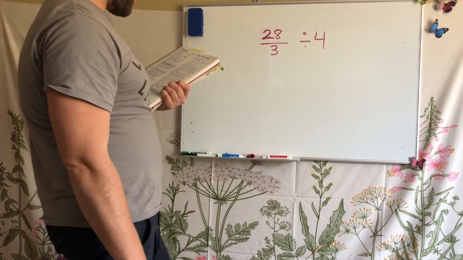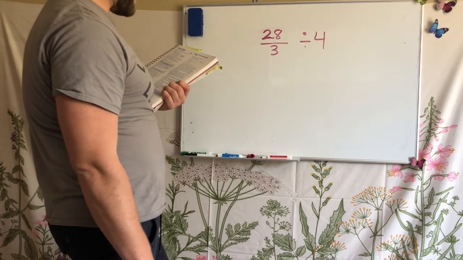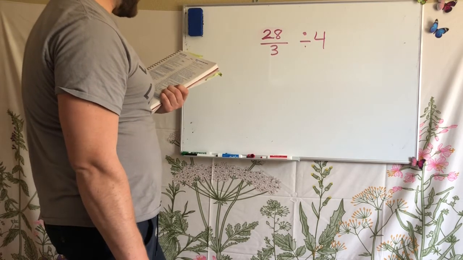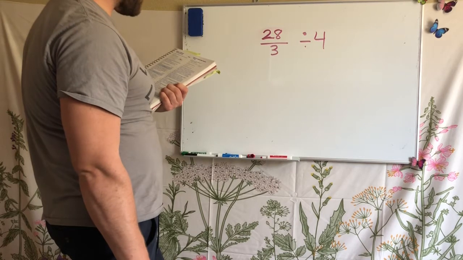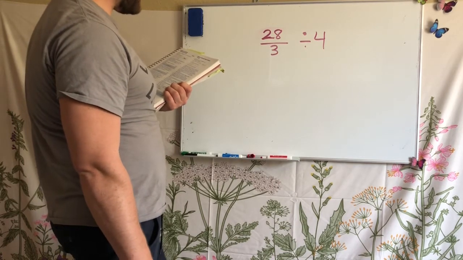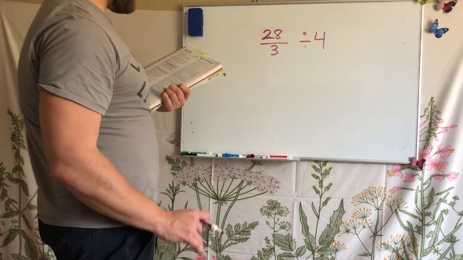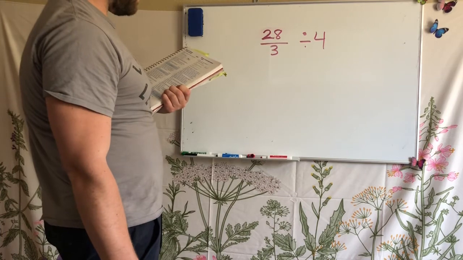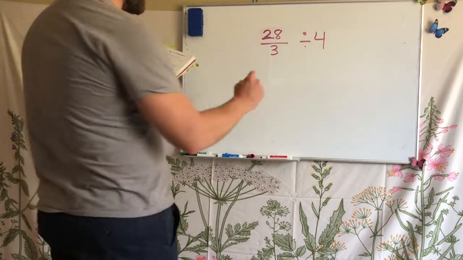Now, problem B. There are 28/3 gallons of paint. The paint is poured into containers that each hold 4/3 gallons. How many containers will be filled? So, what problem will you write? Pause the video. You're going to be writing 28/3 divided by 4/3.